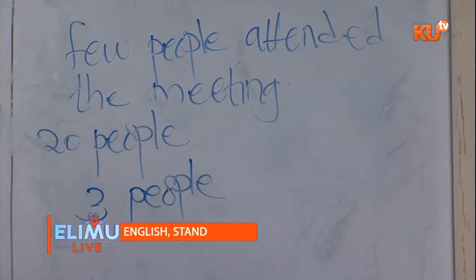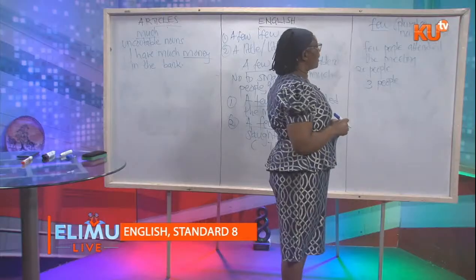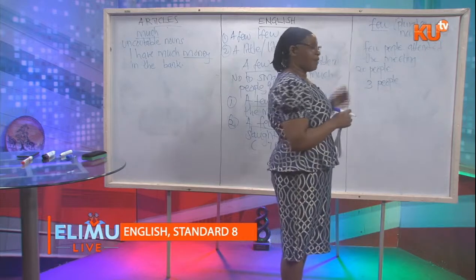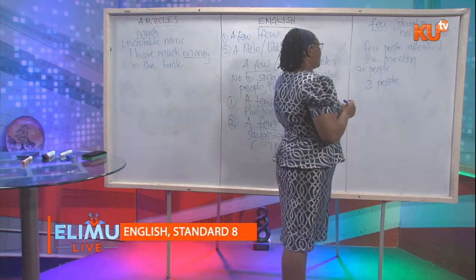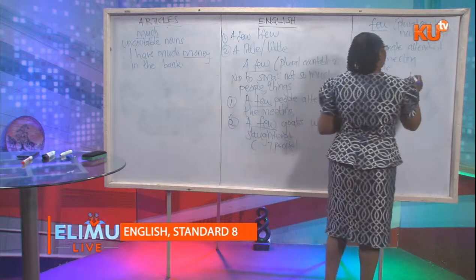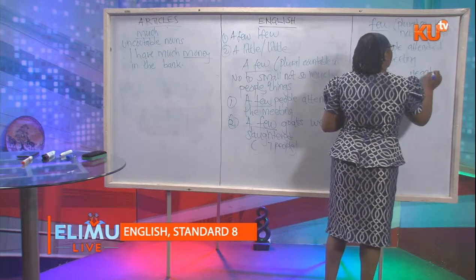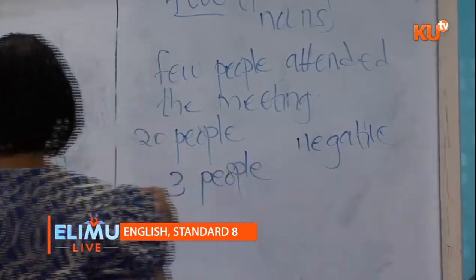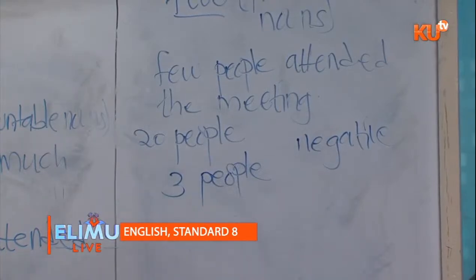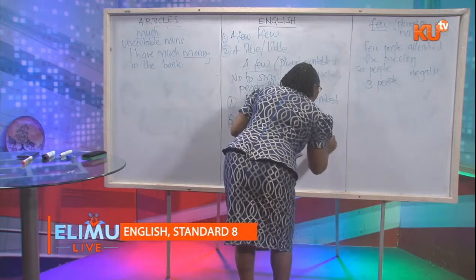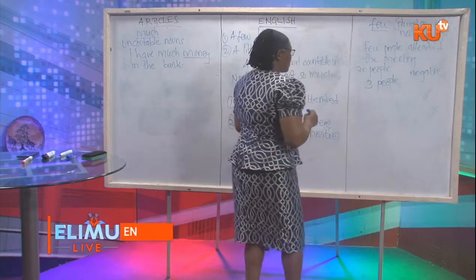So you find that few is of a lesser quantity than a few, and few is used in the negative, while a few is used in the positive.